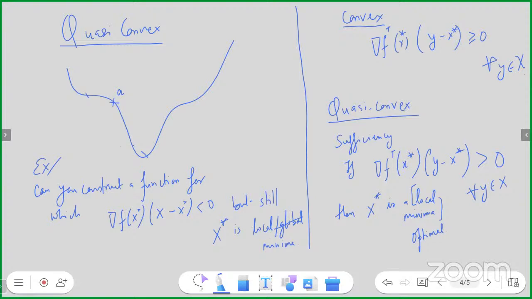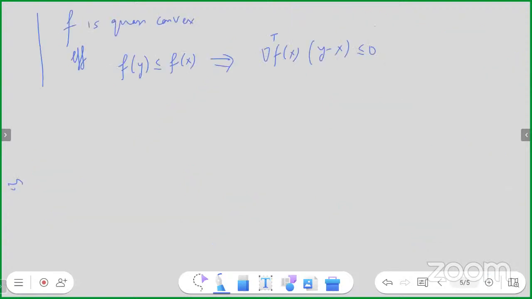We'll come to that in the class today. But do note these important differences between convex and quasi-convex. All right. So now prepare yourself for lots of definitions. This might be the only class where we'll do lots of definitions. So, definition.